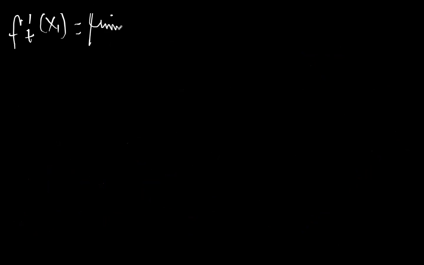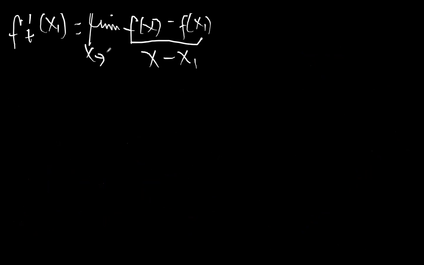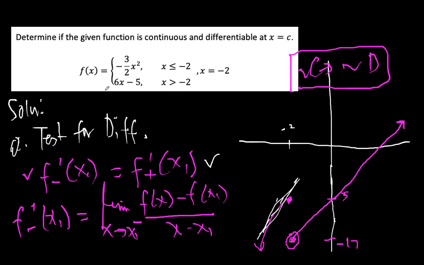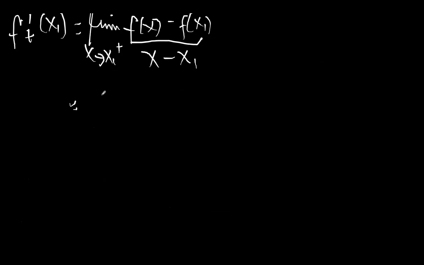You don't need to do this, guys, if you are already aware of what's going to happen; you can go directly to the equation that you are going to solve. So that's f of x minus f of x sub 1 all over x minus x sub 1 as x approaches x sub 1 from the right. Again, it's from the right, so we're going to make use of the second function, 6x minus 5.